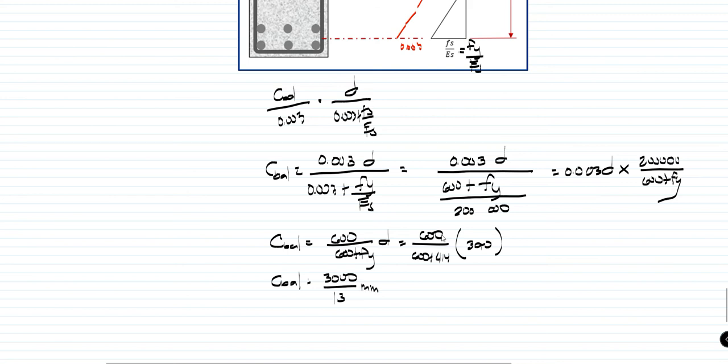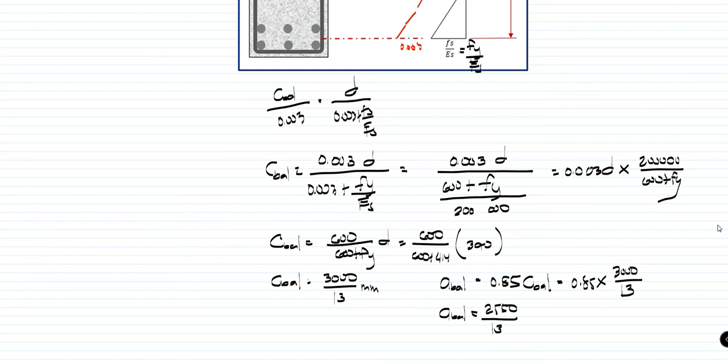We can get A balance using this, which is equal to 0.85 times C balance, which is 0.85 times 3,000 over 13. So, our A balance is equivalent to 2550 over 13. So, we now have A balance and C balance.